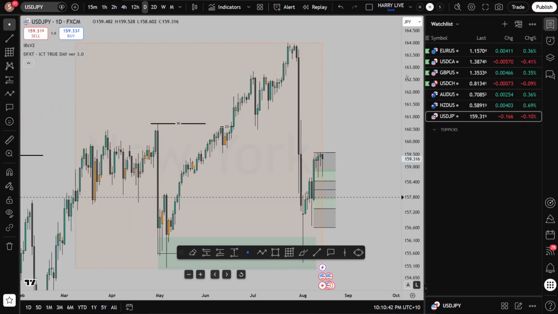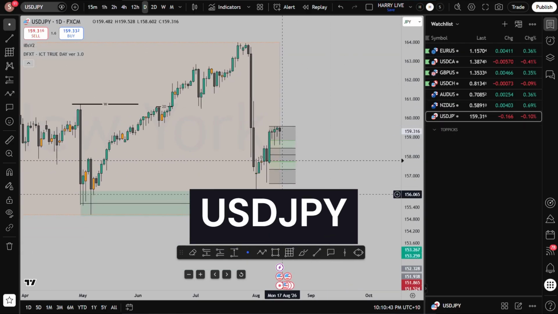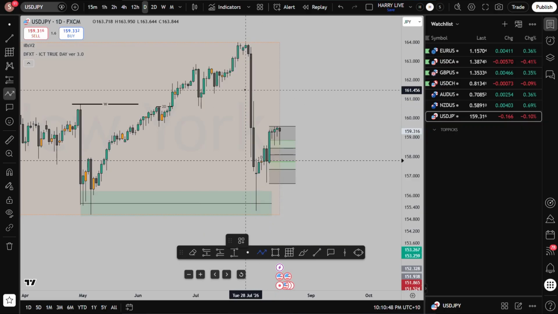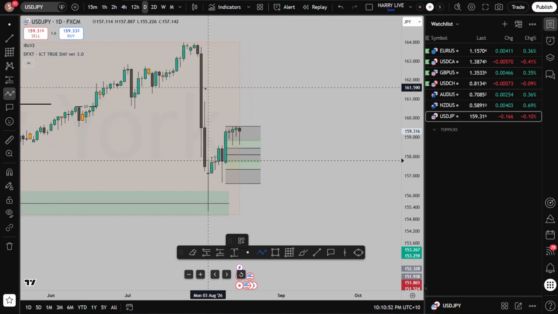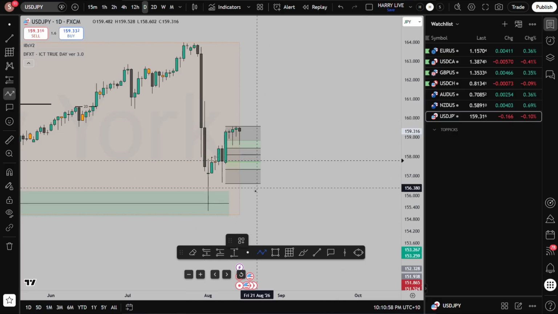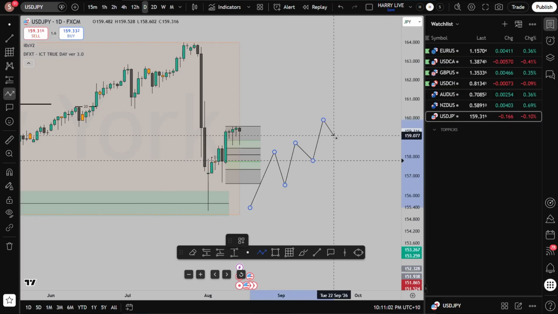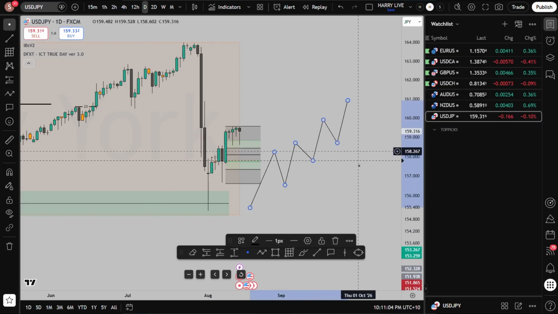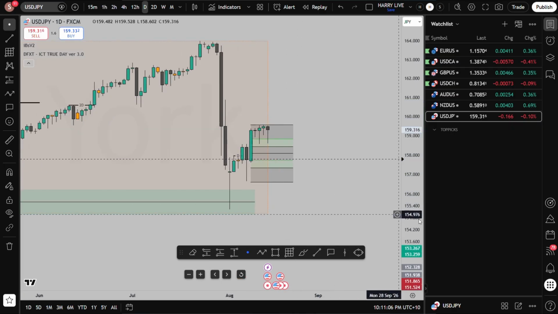Moving on to USD yen. Last week in the weekly market breakdown, after this erratic price action, we were expecting this trend to continue to the upside. We were expecting at least to form these daily swings to the upside, so we can get a clearer picture to see what happens.